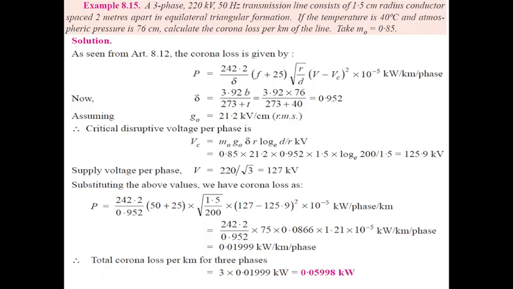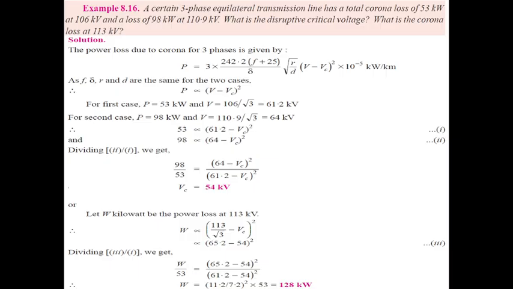So finally, for the complete three-phase system, the total corona losses becomes 0.05998 kilowatt per kilometer. So this shows that corona losses are relatively small in this case because the operating voltage is only slightly above the disruptive critical voltage.